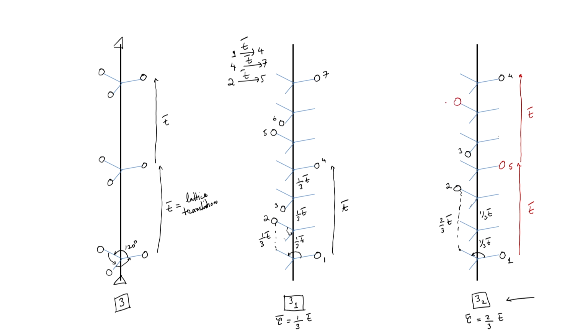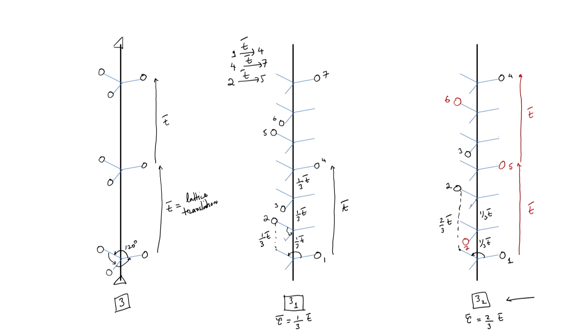So, this becomes 6. If I look at 3, I go 1, 2, 3, I move here and this is motif number 7. Now, we have the complete pattern here for the 3 sub 2 screw axis.